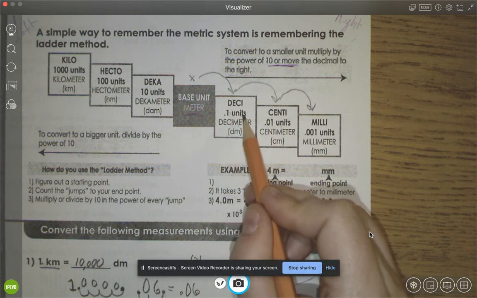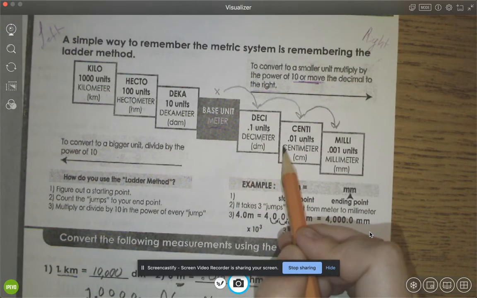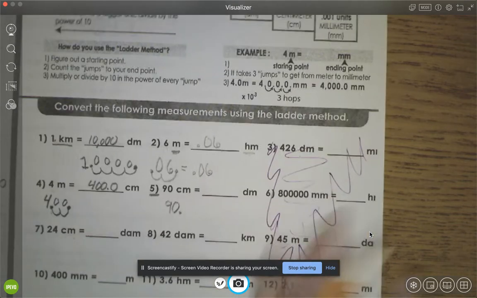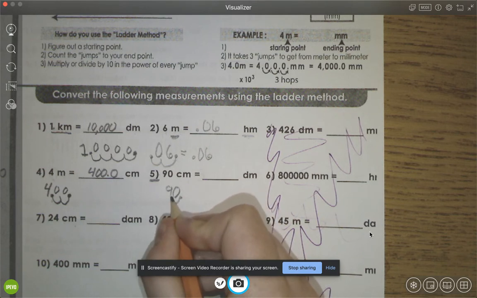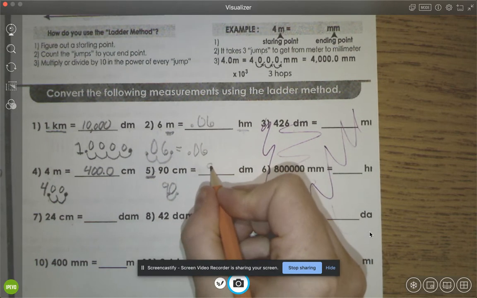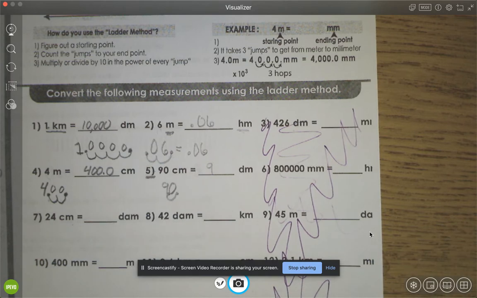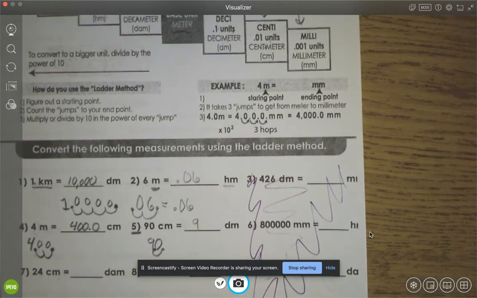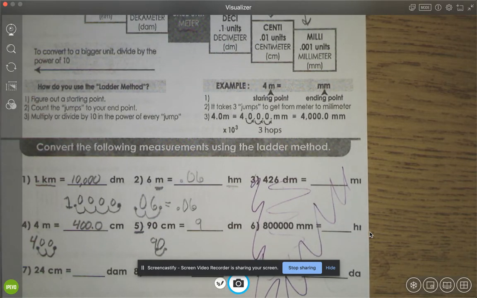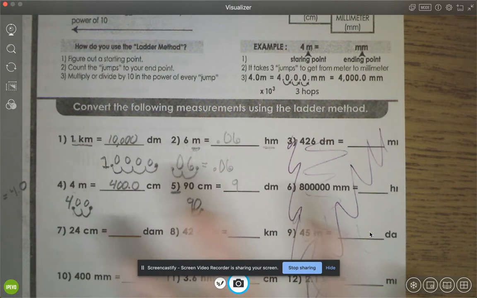You're going to move your decimal to the left 1 time. So 90 centimeters is equivalent to 9 decimeters, right? So that's how you convert. You literally just move the decimal point.